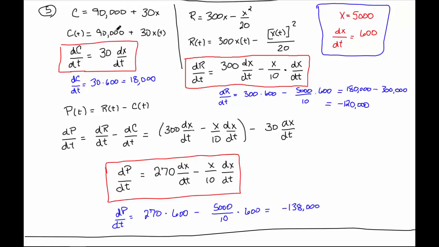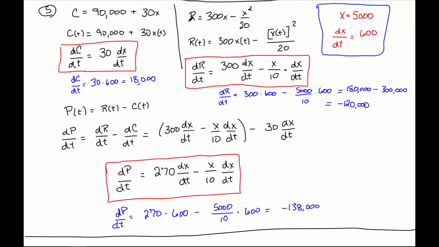The derivative of 90,000 is 0. And then 30 dx/dt. And they gave us that x was 5,000 and dx/dt was 600. And so if you fill all that in, you get that the rate of change of the cost is $18,000.